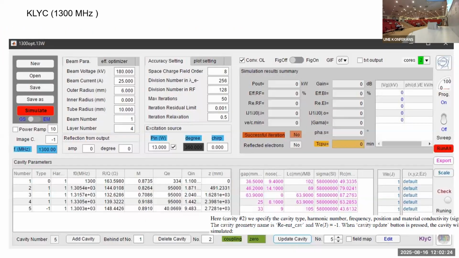This is the 1.3 gigahertz, 1.2 gigahertz simulation, not the results, but the design. It's 5 cavities. 0 is the initial one. The input cavity. Its main frequency is, of course, 1.3.